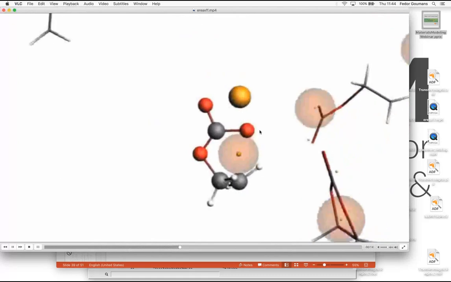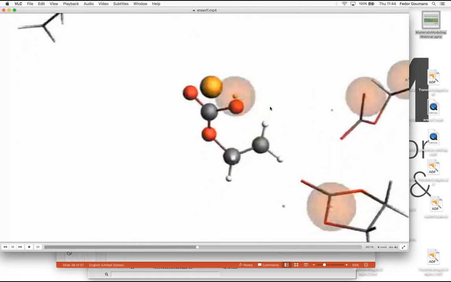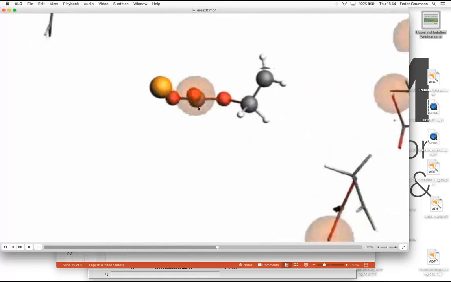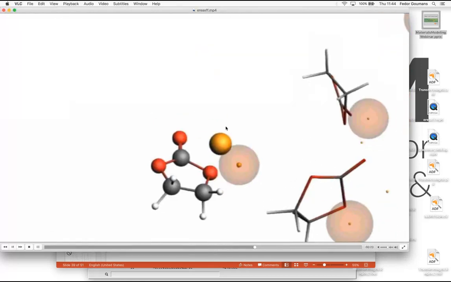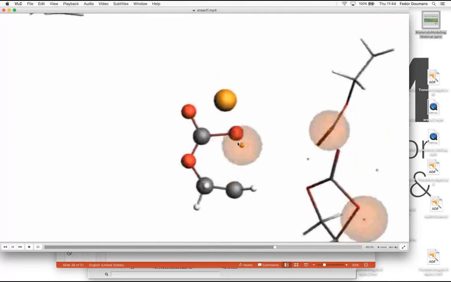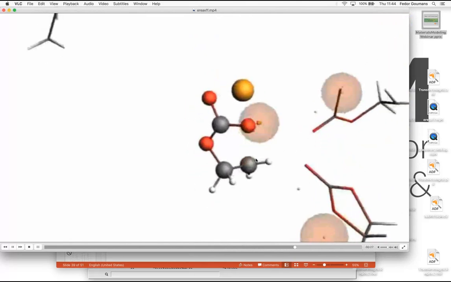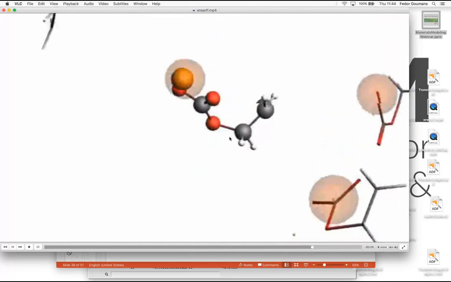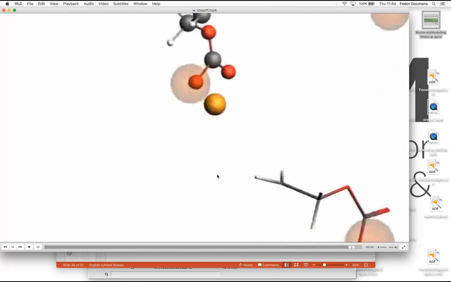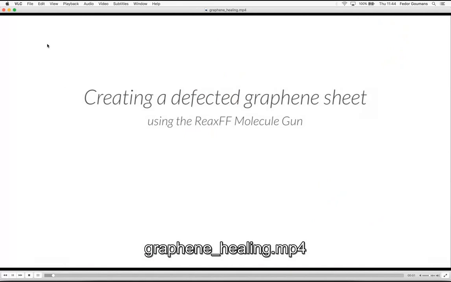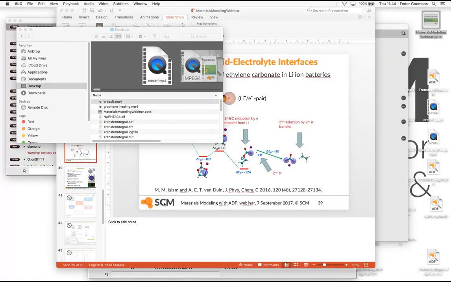So this is the electrolyte, that's the lithium, that's the electron, and so the electron is transferring here to the CO3, and while that's being reduced, you see that the carbon-oxygen bond here is being broken, and eventually you split off ethylene gas here.